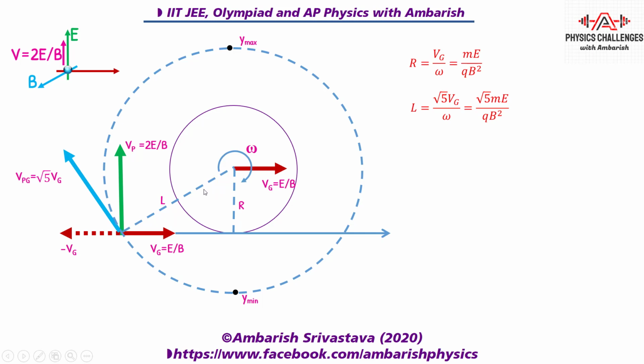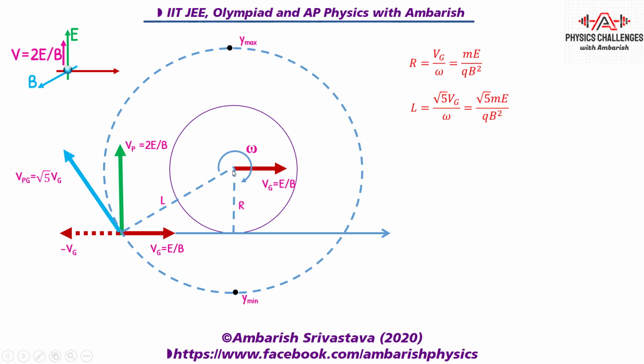Now you can see this particle is rotating about this center, and you can draw a bigger circle of radius L, and this is the small circle of radius R. So what will be the highest point? If you rotate the circle of radius L, this is the Y max and this is the Y min.